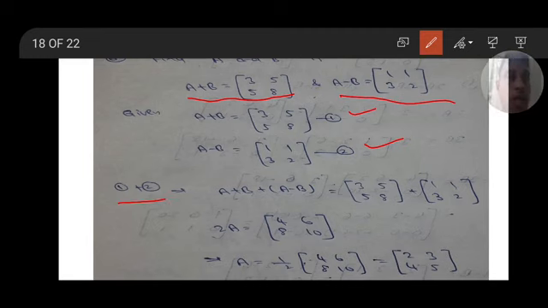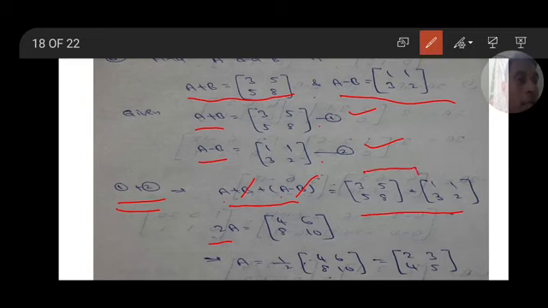First of all I am doing equation 1 plus 2. First we add the left-hand sides, A plus B plus A minus B, and the right-hand sides, adding the two matrices. Minus B plus B cancel, and A plus A is 2A. Corresponding elements are added: 3 plus 1 is 4, 5 plus 1 is 6, 5 plus 3 is 8, 8 plus 2 is 10.